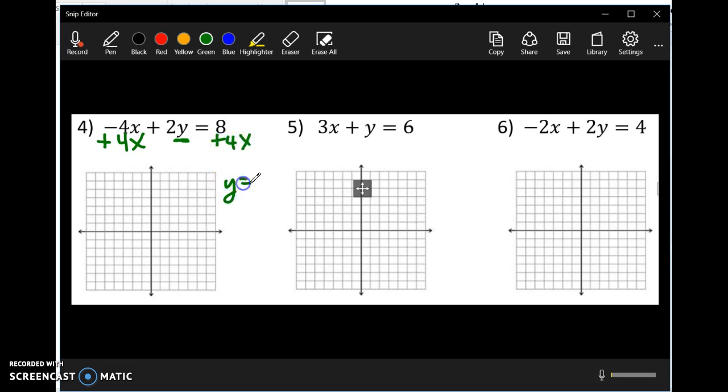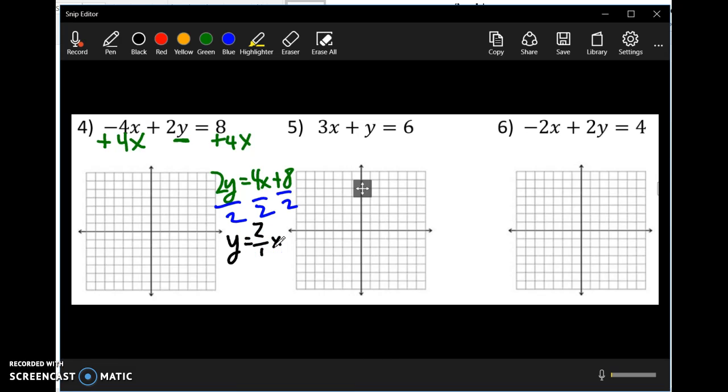And this would give me y equals 4x plus 8, that's 2y, because I still have that 2 in front. And then I would need to divide everything by 2. For this one, that would give me y equals, and I'm going to reduce this fraction. Since it's 4 over 2, that's the same as 2 over 1x.